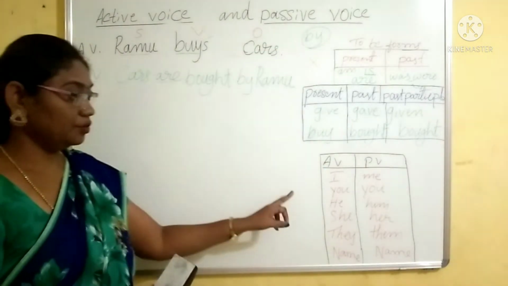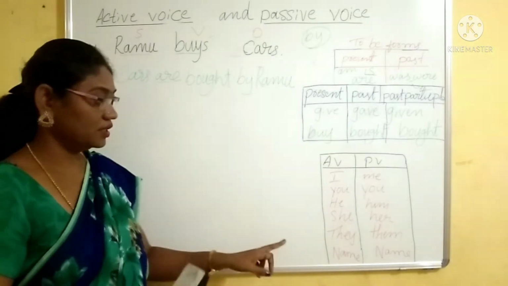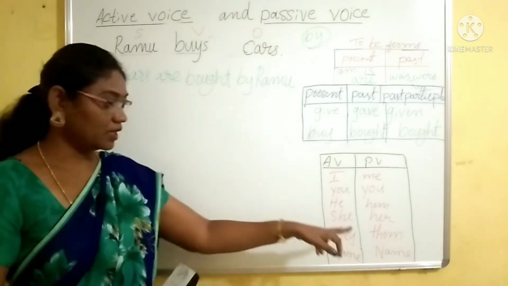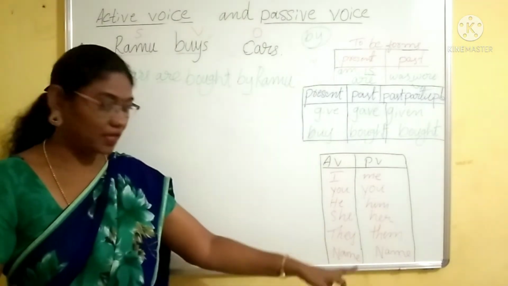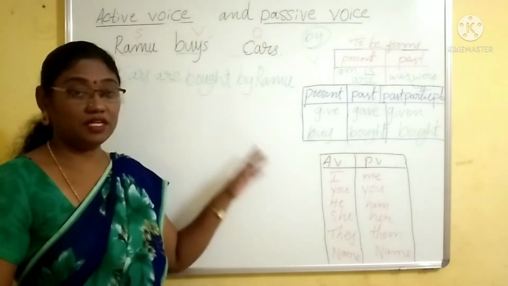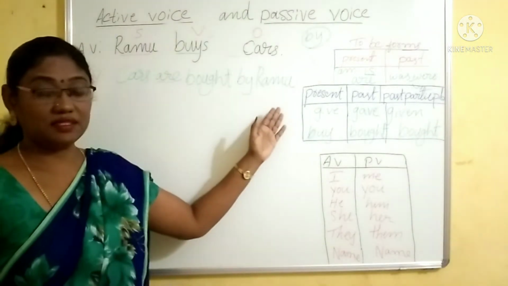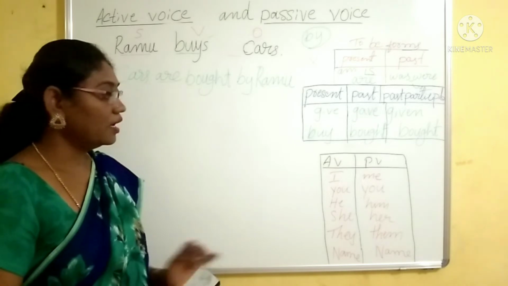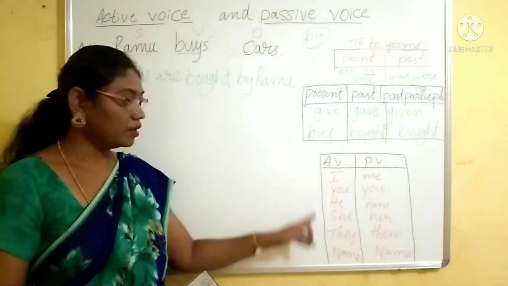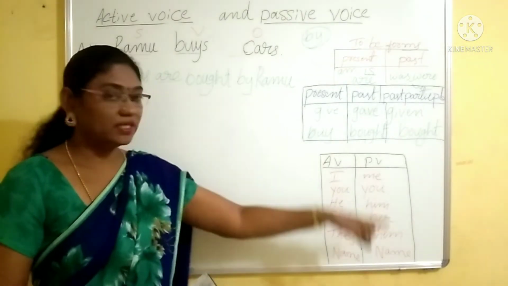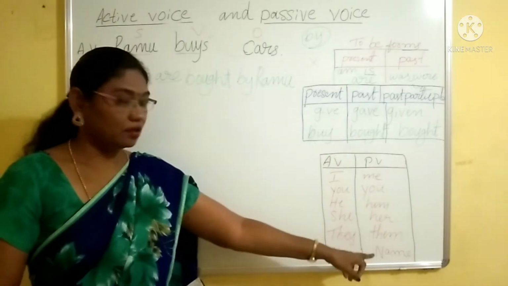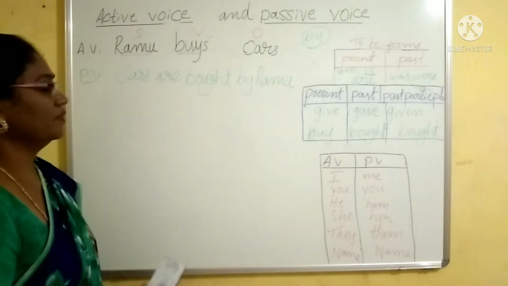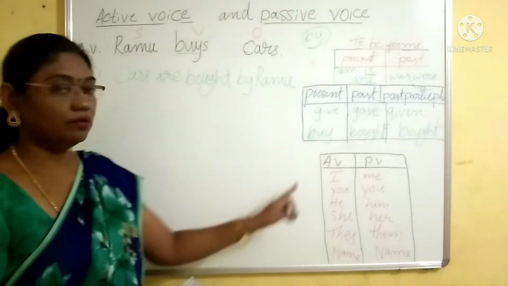There is no change in you, he will become him, she will become her, they will become them, and if the name is Ramu, it stays as it is. There is no change in name. So this is the table, and you have to write it down.